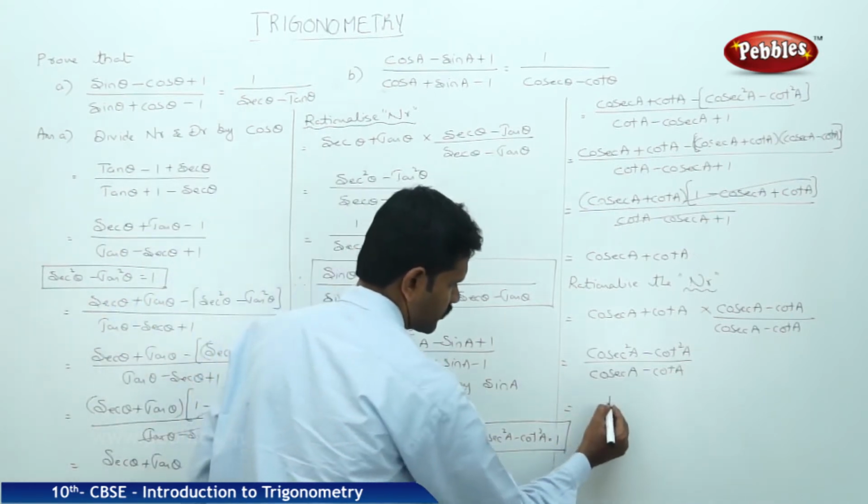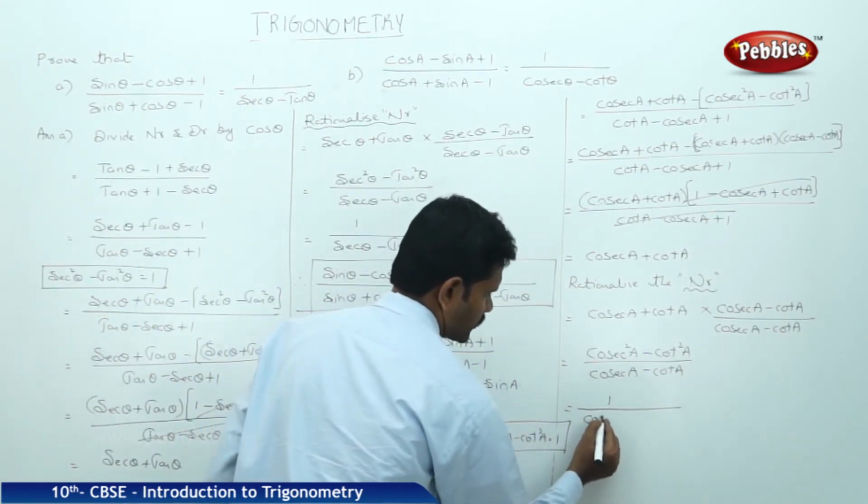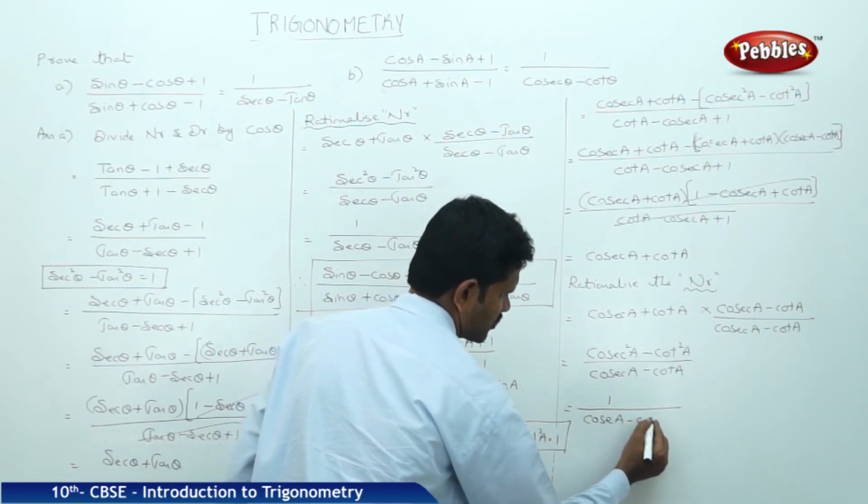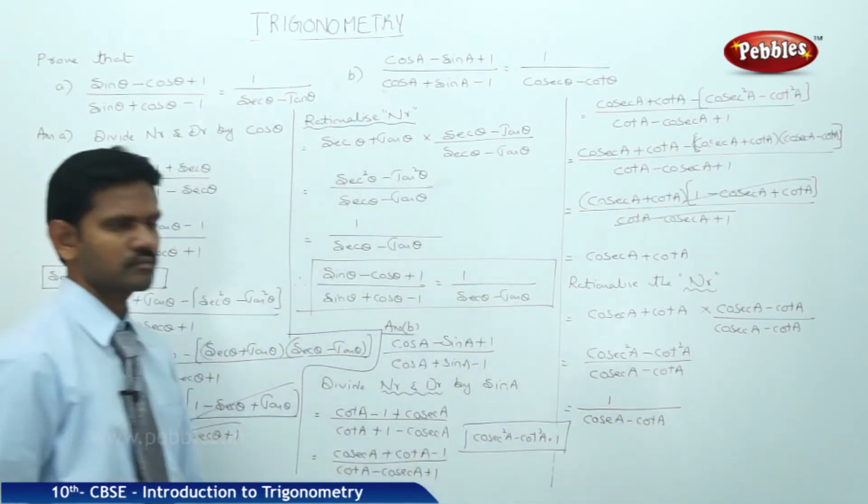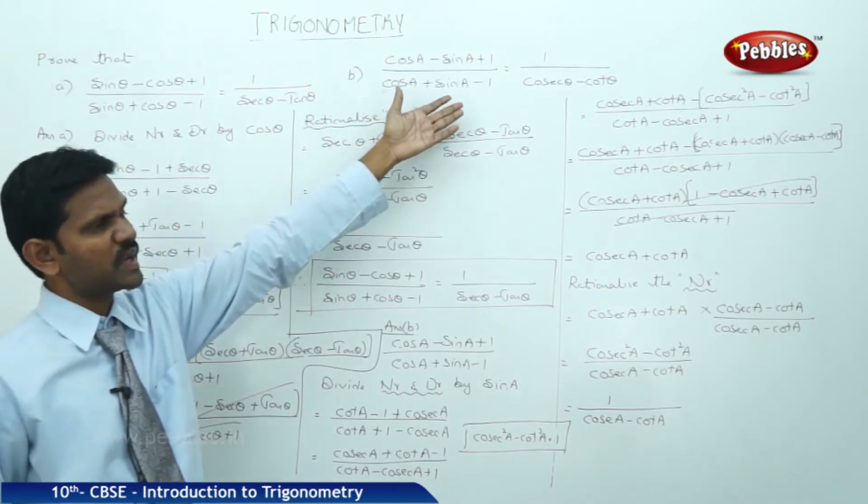Therefore in place of numerator you will write 1 by denominator, 1 by cosec A minus cot A, which is my RHS.